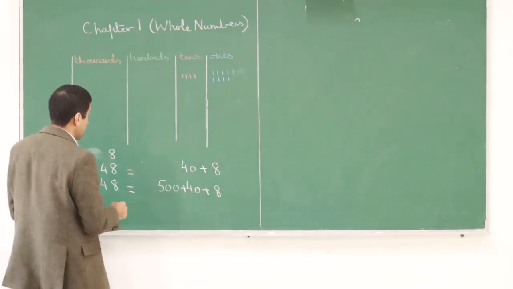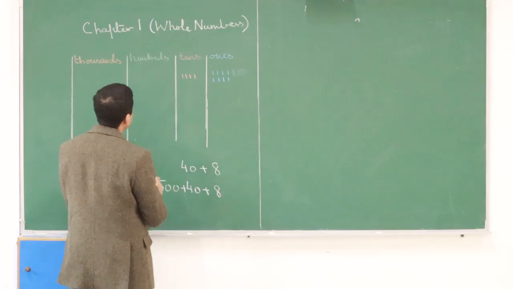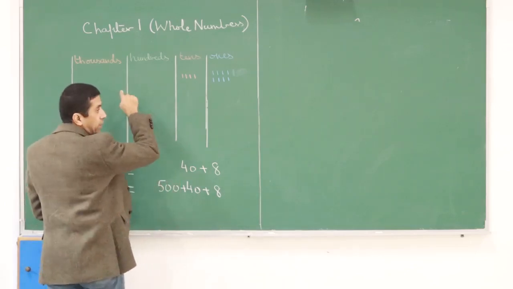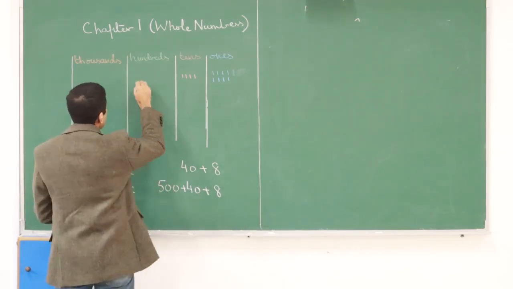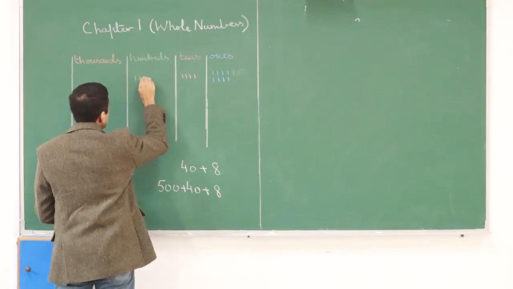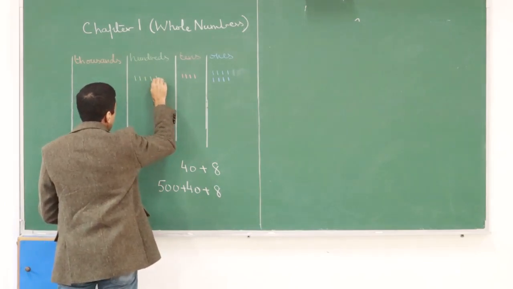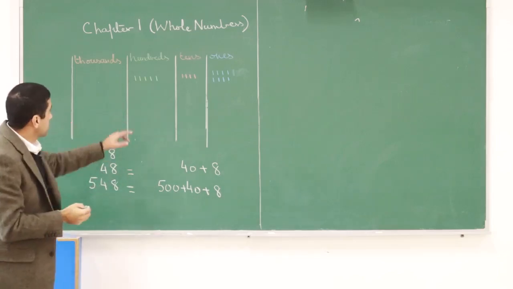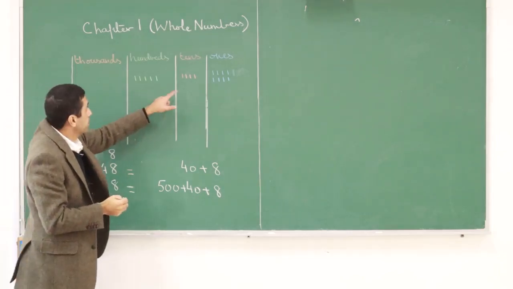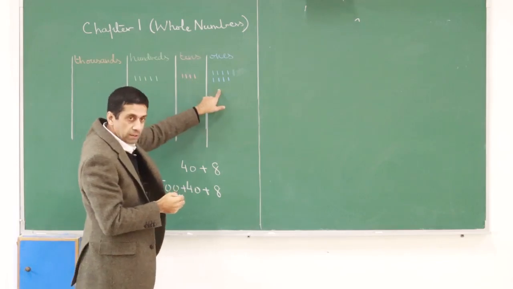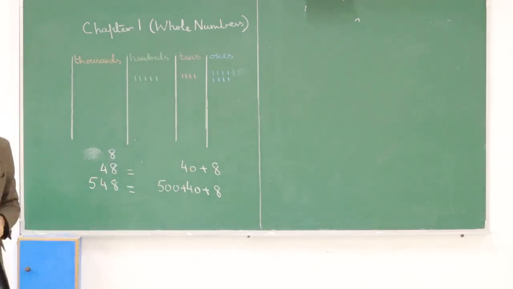So let's do 500s. How many hundreds do I put in here? 5. 1, 2, 3, 4, 5. 500s. So this is 548. Good.